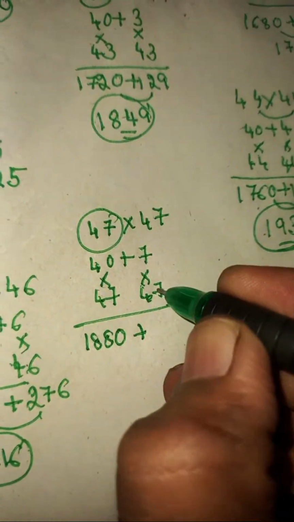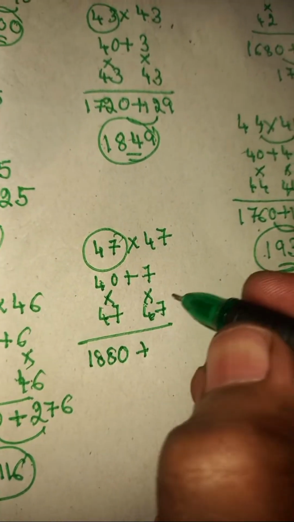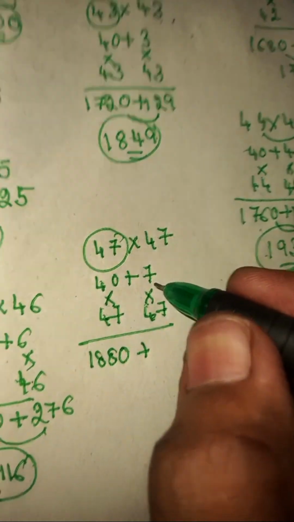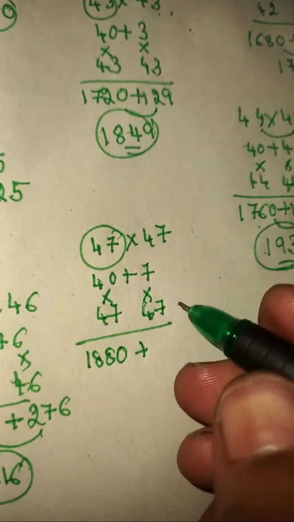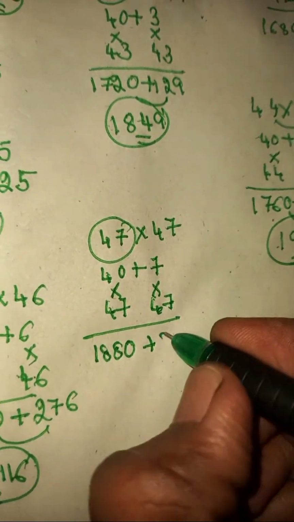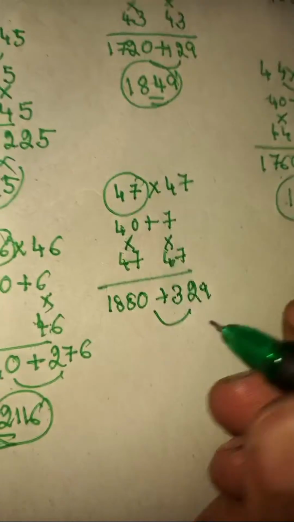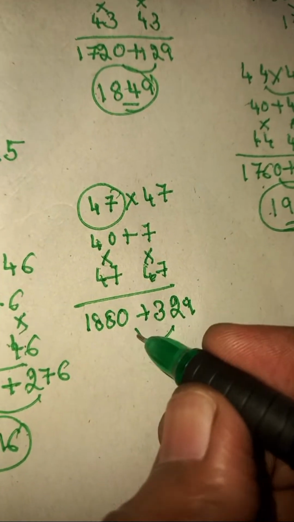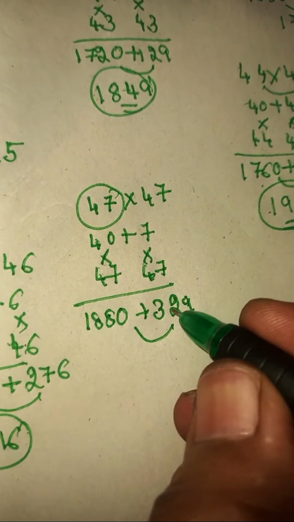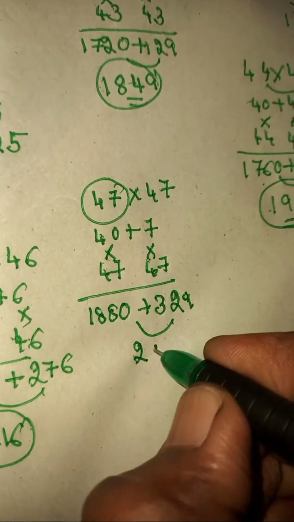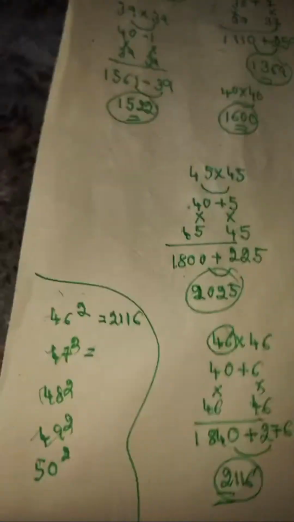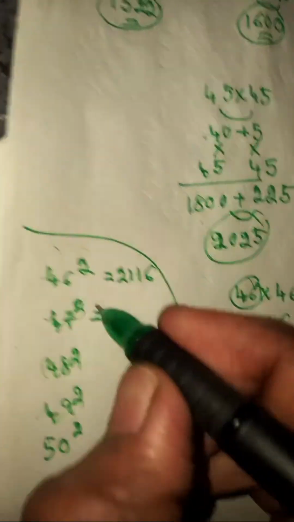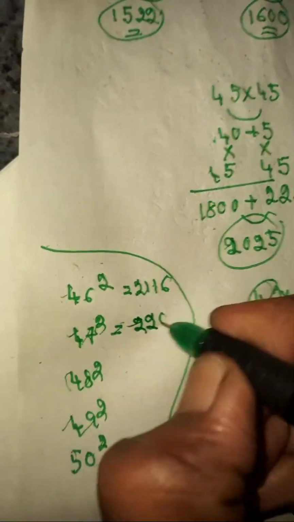And here 4 times 7 is 28, so 280 plus 7 times 7, 49, which is 329. When you add them, you're going to get 2209. 2209 is 47 times 47, so it is 2209.